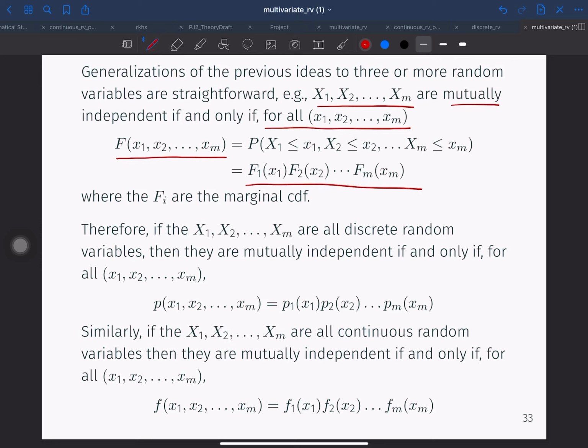In the case when they are discrete, that condition can be simplified further to saying that the joint PMF is the product of the individual PMF, and the joint PDF, in the case of the continuous, is the product of the marginal PDF.